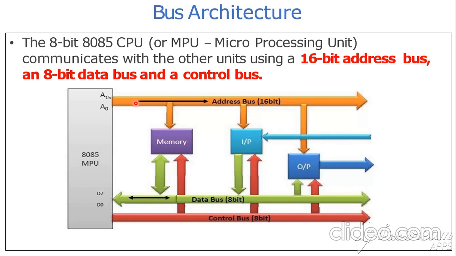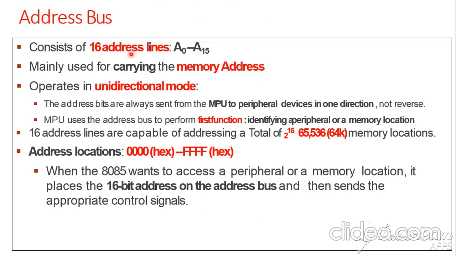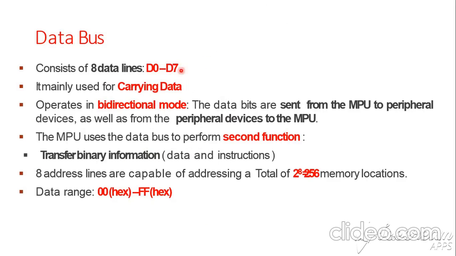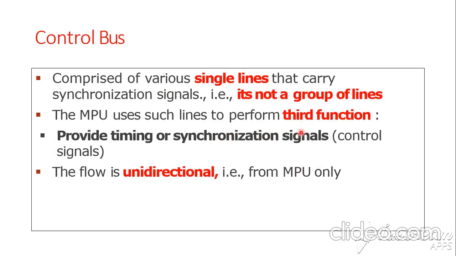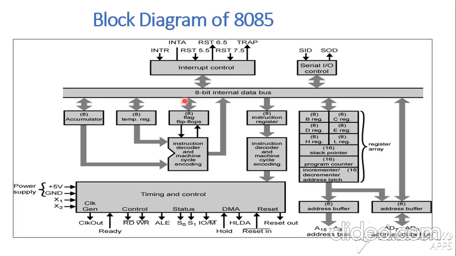As indicated by the arrows, address bus is a unidirectional bus, data bus is a bidirectional bus and control bus is unidirectional. Address bus comprises 16 address lines A0 to A15, and data bus consists of 8 data lines D0 to D7 carrying data in bidirectional mode, sending data from microprocessor to peripheral and from peripheral devices to microprocessor. And control bus is a single line to carry the synchronization signals.